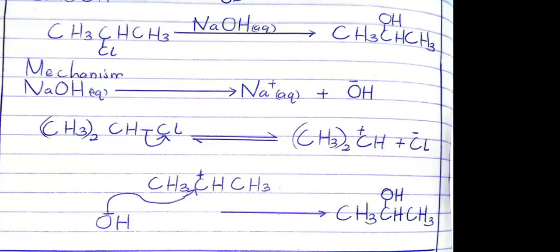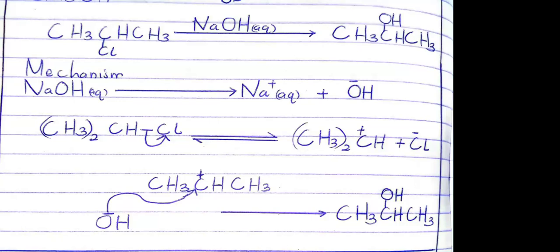You talk about the type of reaction, and you briefly describe the reaction, identifying any condition given. For example, this reaction occurs on heating. The condition for this reaction to proceed is heating, and of course, we have sodium hydroxide dissociating.